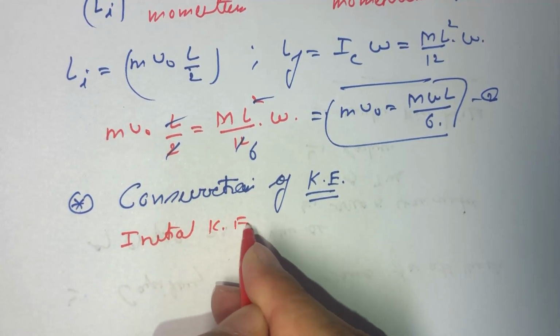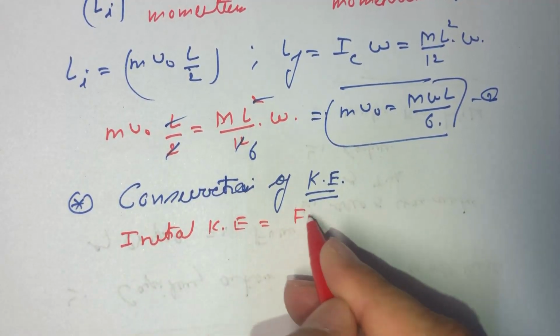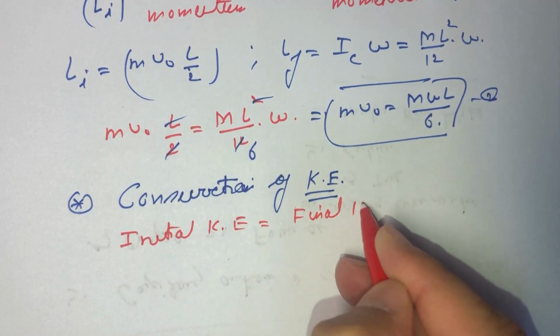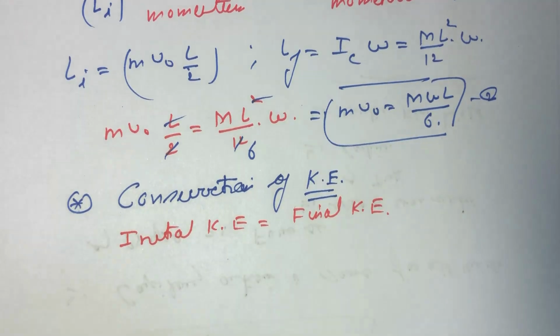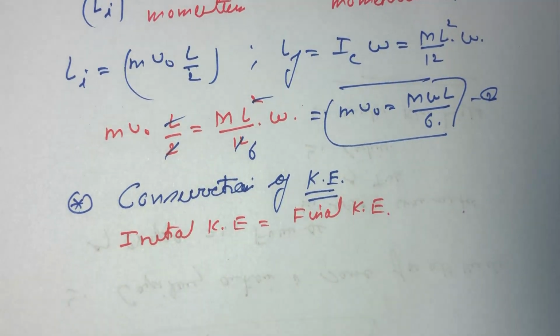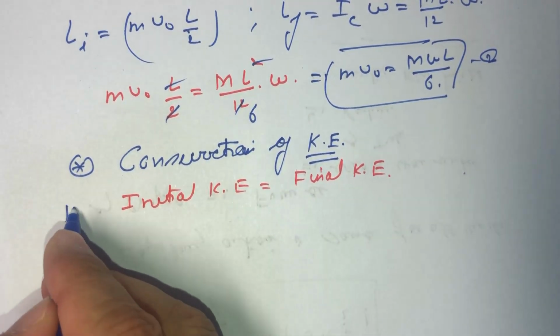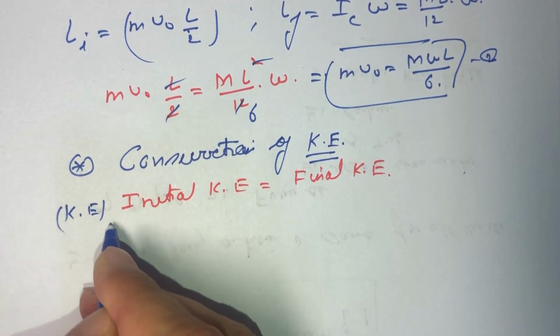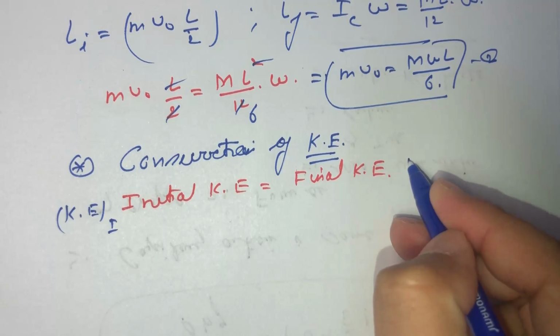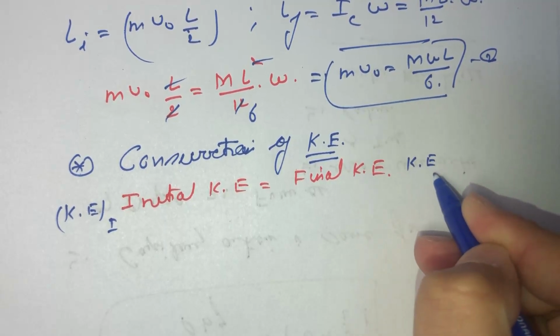Initial kinetic energy will be equal to final kinetic energy, and initial, let us suppose, is written as KEI, and final is our KEF.